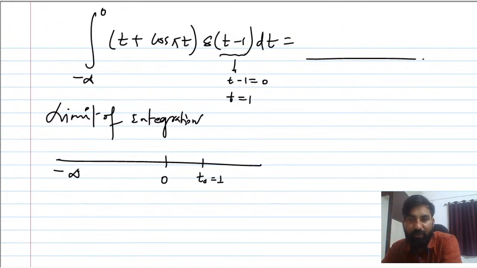What is the value of cos pi? Cos pi is minus 1, so you have to take care of that. Here the answer will be 0 in this case, because this shifting amount is not inside the limit of integration, it is lying outside. So the answer for this question will be 0. This kind of question you can expect.